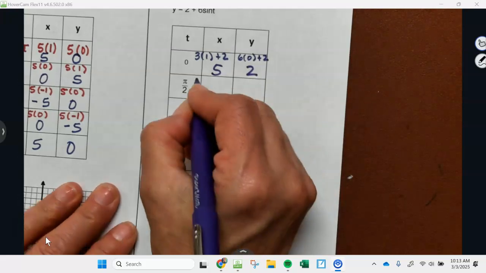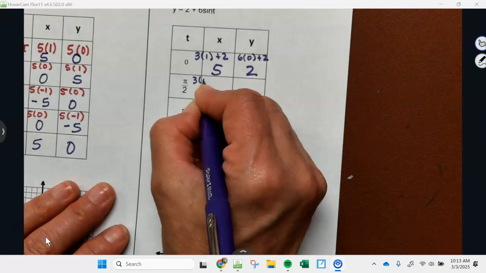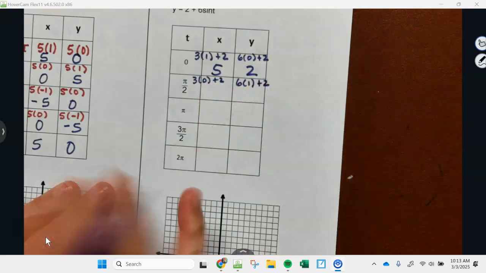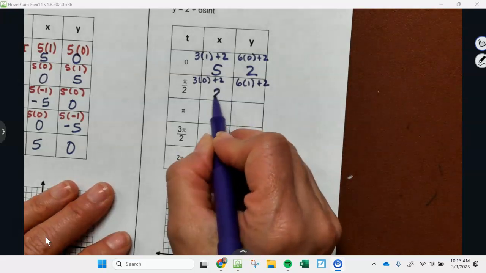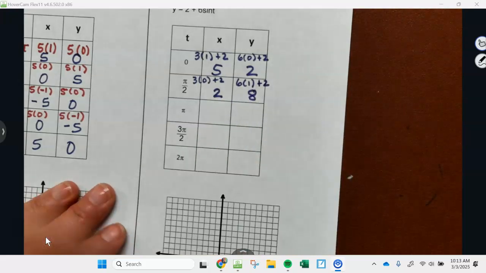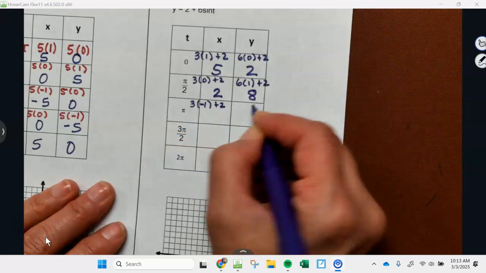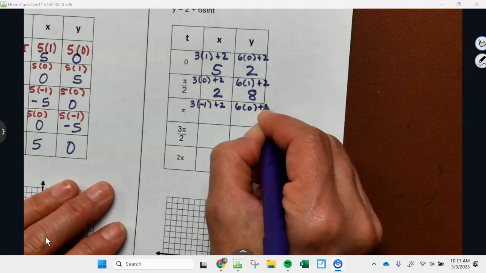Top of the unit circle is where cosine equals 0, but sine equals 1. Do your order of operations. This turns into 2, 8. The left side of the unit circle is where cosine equals a negative 1, but sine equals 0.